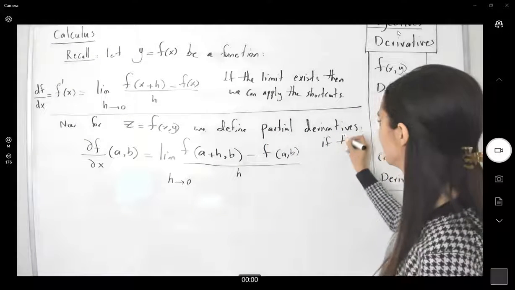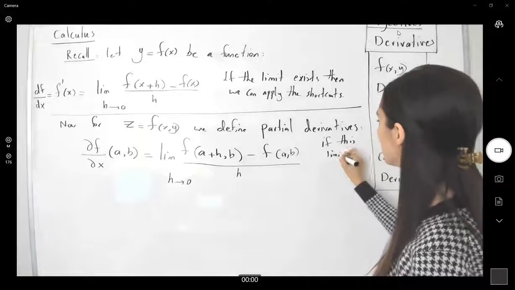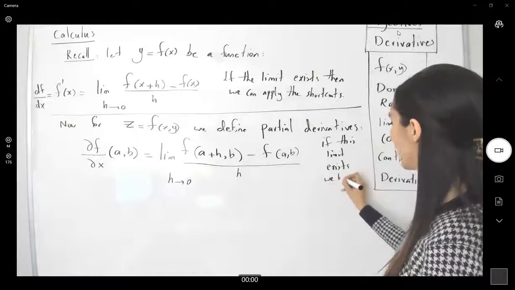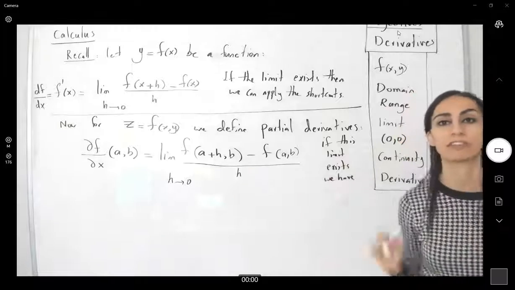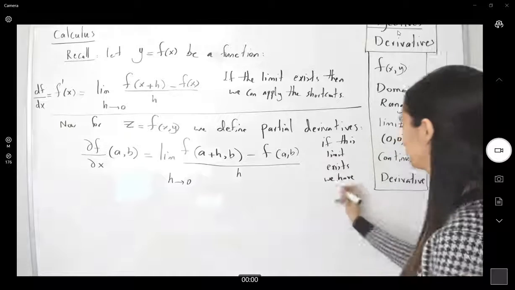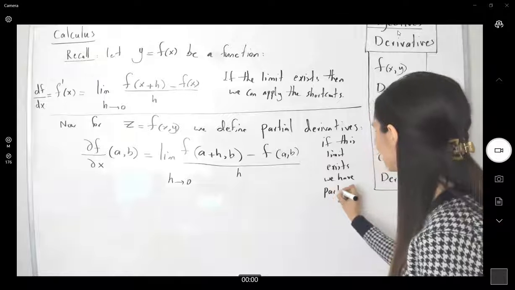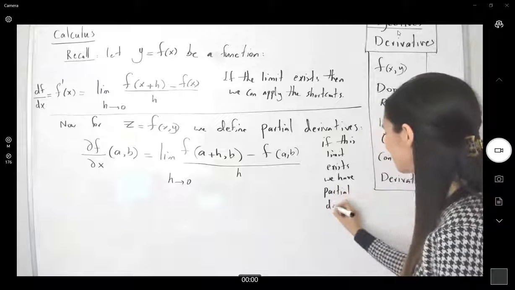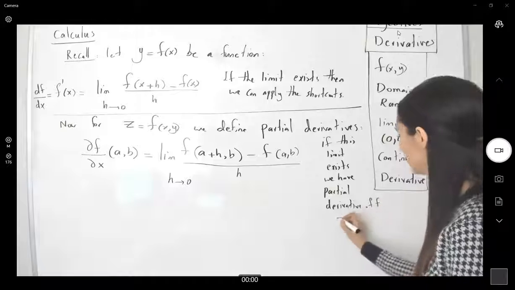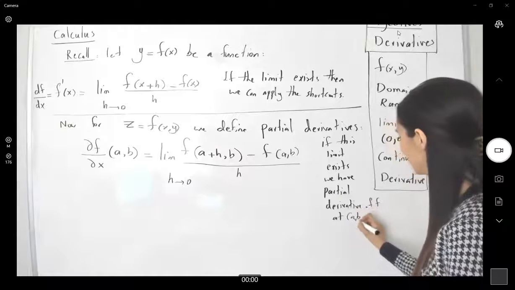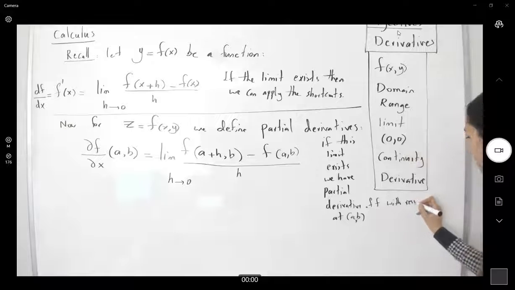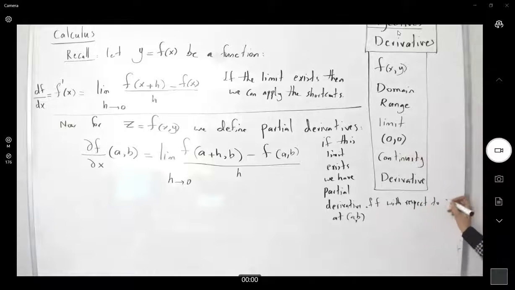If this limit exists, we have the partial derivative of f with respect to x at the point a and b.